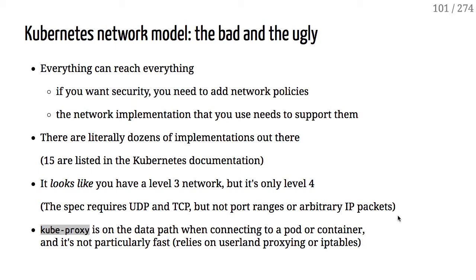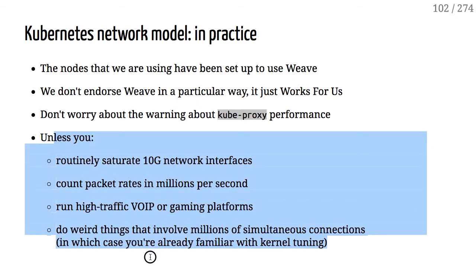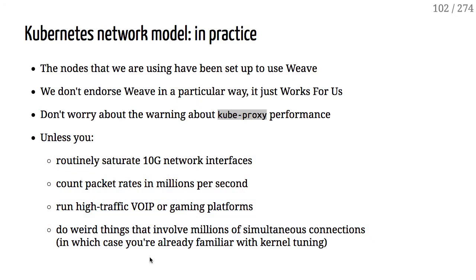That's not a big deal, honestly, because in practice, most of the applications that we will run will not notice that a single bit. But if you are doing some really high traffic applications, and I'll define high traffic here, then you will have to think about that and tweak a few things.